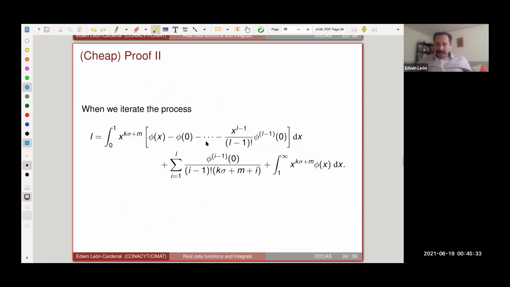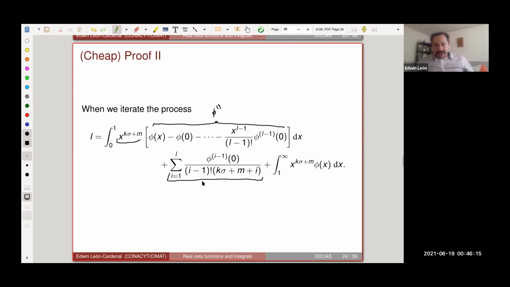After L steps this way, what you have is this function f, this original monomial, and then another function phi, let's say double prime, and then the result of the computation of several of these integrals, when you add phi of 0, phi tilde of 0, and so on.